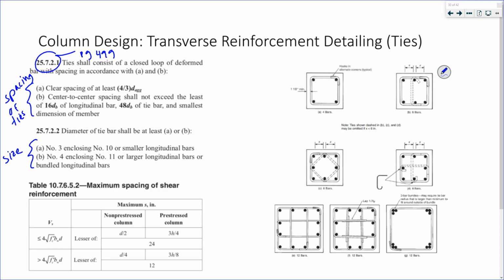And then it gives examples of what kind of ties you can put. And then this is the buckling, right?